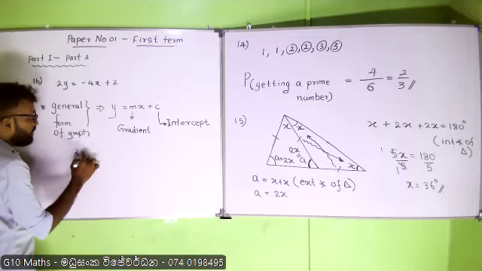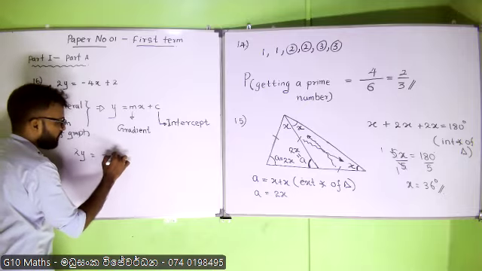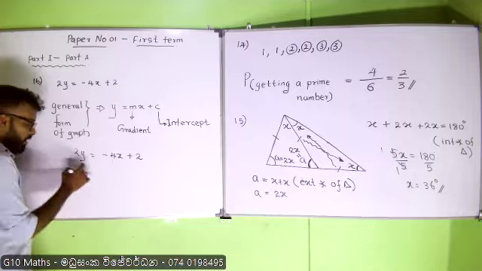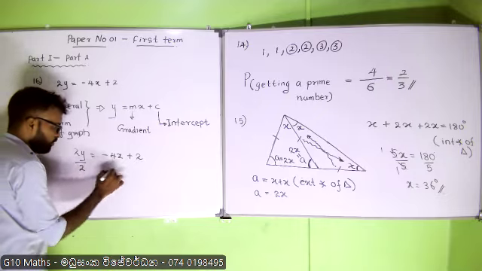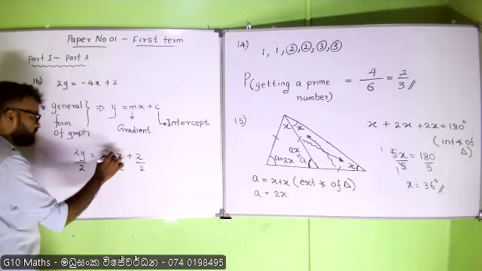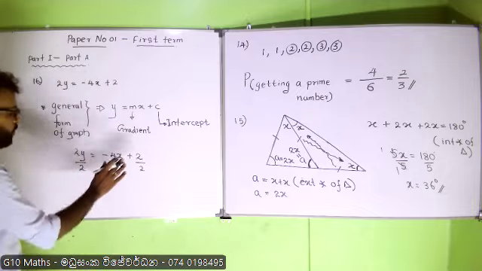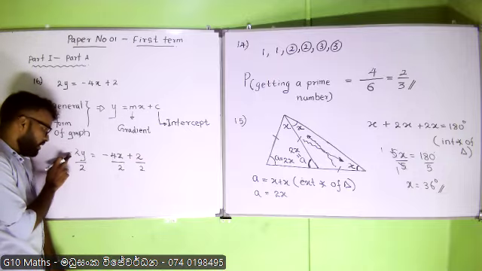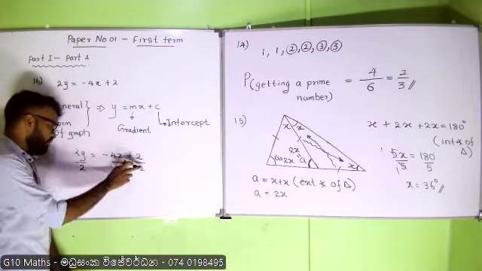So in order to obtain y equals something, I am going to divide each term by 2, because in front of y I have the coefficient 2.